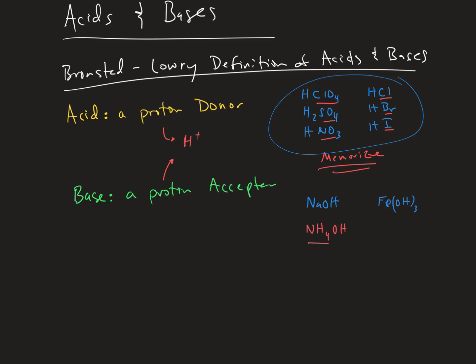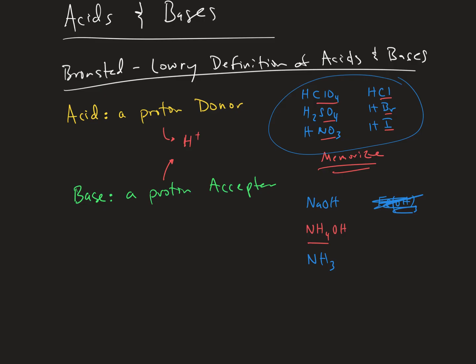Okay, another example of a base, so I'm gonna get rid of that one, is NH3. Anybody know what that is? Ammonia. Okay, that's the stuff that has a strong smell to it. It doesn't look like it should be a base, right?